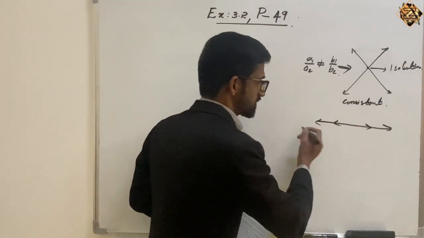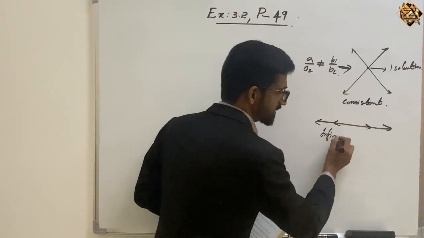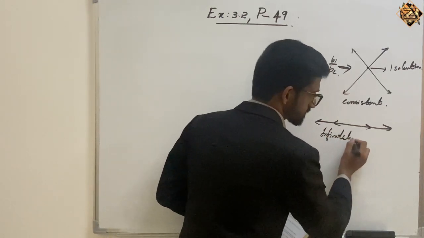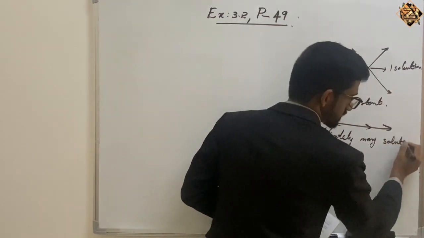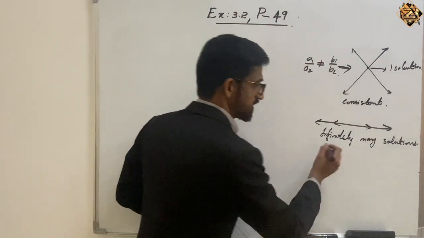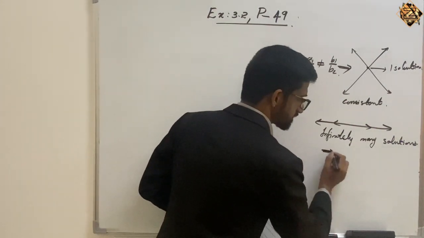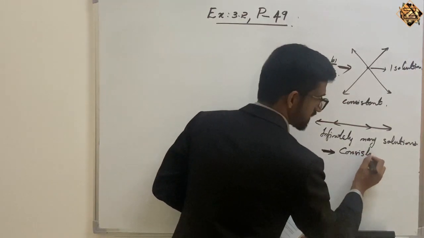If the lines are coincident, then there will be infinitely many solutions, isn't it? There will be infinitely many solutions with consistency. Then the lines are consistent.